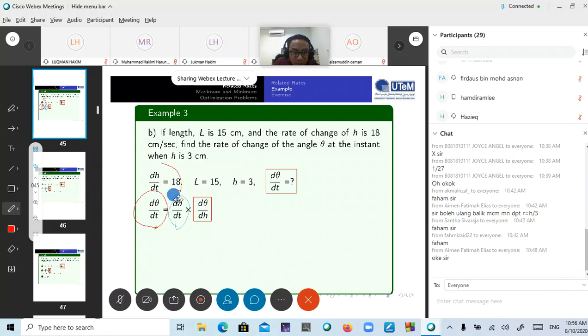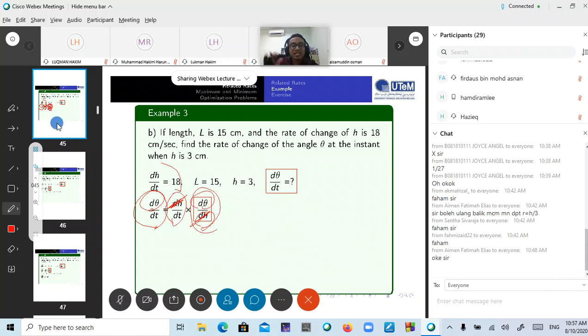By using chain rule, awak kena cari apa dulu? dθ/dH. Kenapa kita buat dθ? Sebab awak nak ada theta. Kenapa kita buat over dH? Sebab awak nak simplify dH ni. Kalau awak simplify dH ni, awak akan dapat dθ/dt.